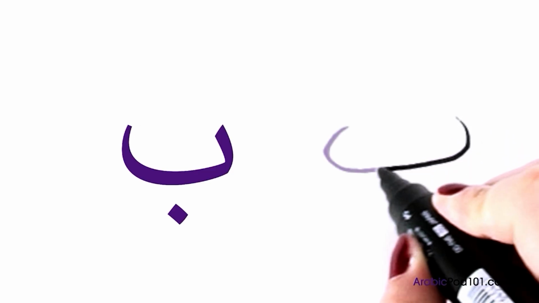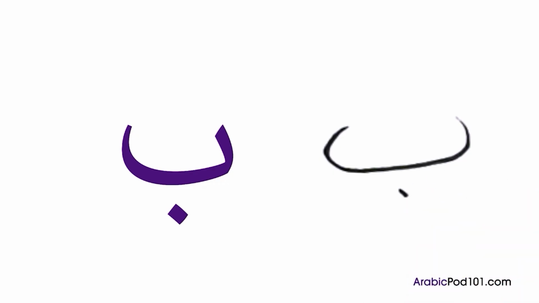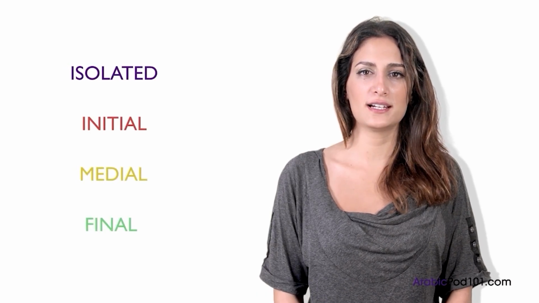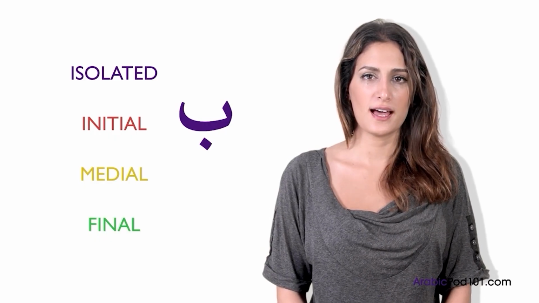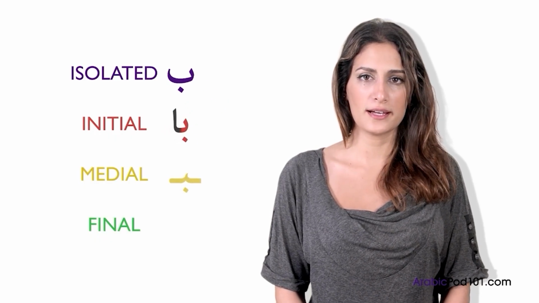Our first letter of this lesson is ba, and yeah, it makes a B sound. You can remember this because the dot is below the boat shape. Let's study the different ways to write it together. Now you write it, ba. As we studied in the previous lesson, there are many forms for every letter in Arabic. The letter ba has four possible positions: isolated, initial, medial, and final.